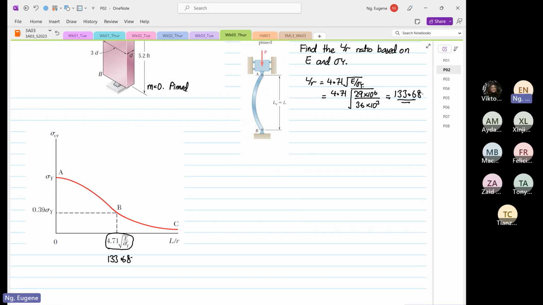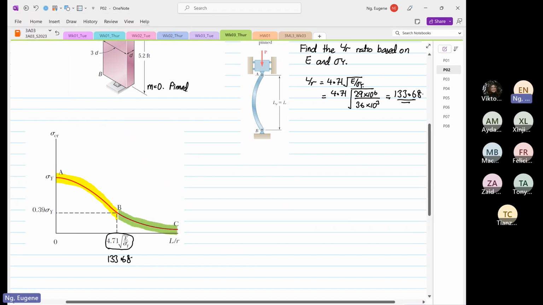At this present moment, we don't know whether our structure is in the region of operation from A to B, or whether we can design our structure based on B to C. The boundary, whether it's from A to B or B to C, is dependent on L over R equal to 4.71 square root of Young's modulus divided by yield stress.